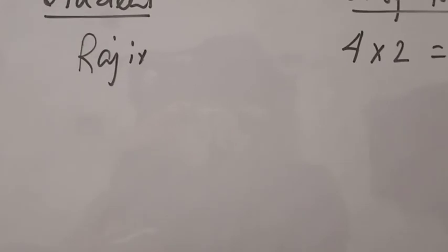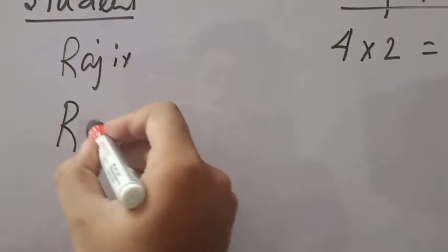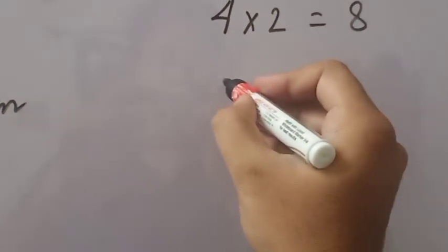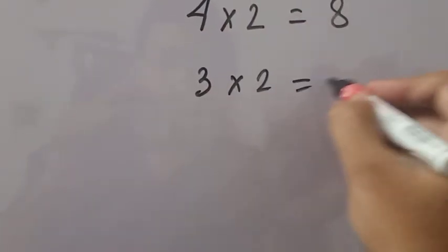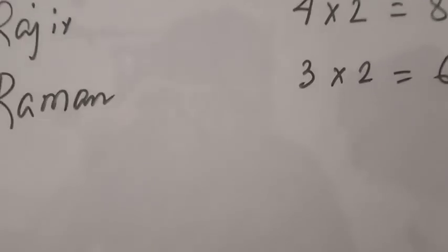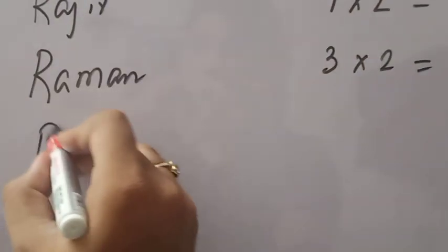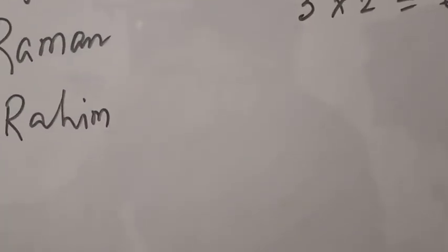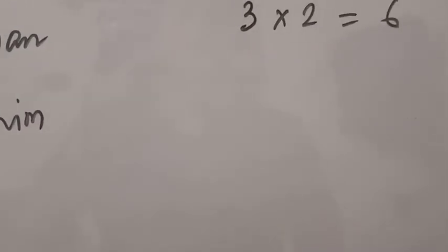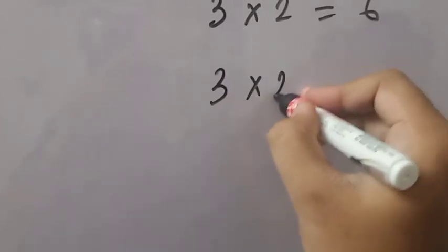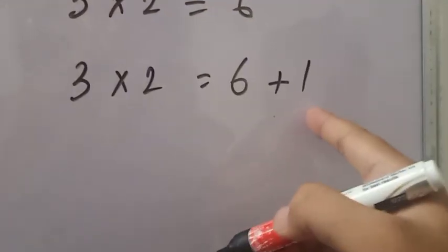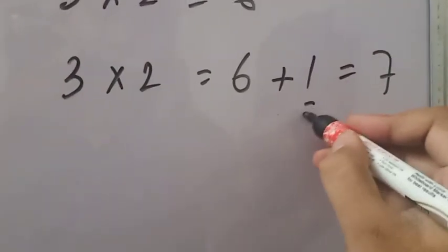Next, Raman, 3. So 3 into 2, 6. Next, Rahim. See that 3 pictures are given plus 1. So that means 3 full pictures. That means 3 into 2, 6, plus 1, because a half is given. So this is 7.